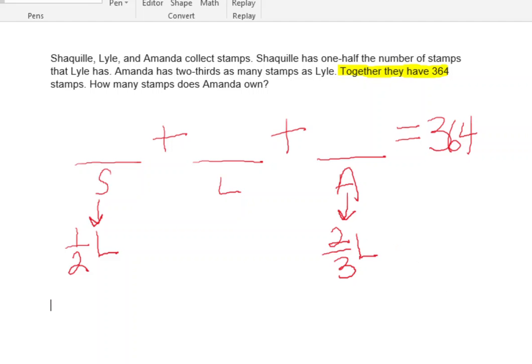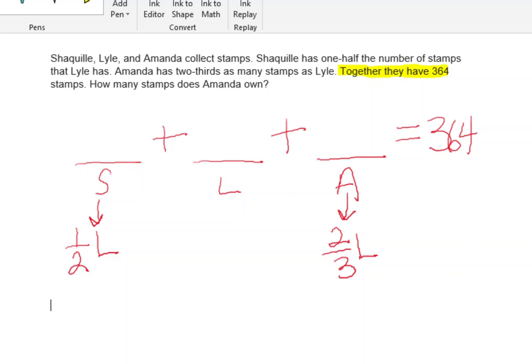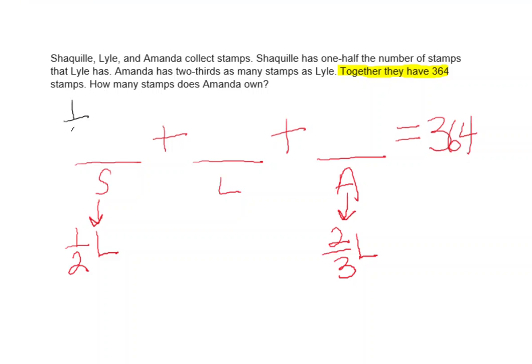So now we can go back up to our equation outline and say, well, Shaquille has 1/2 L. If you'd rather use X, that's fine, but you need to know that your variable does represent how many Lyle has, and you need to use an L in this equation to represent how many Lyle has, because again, you have all 3 of their stamps add up to 364.